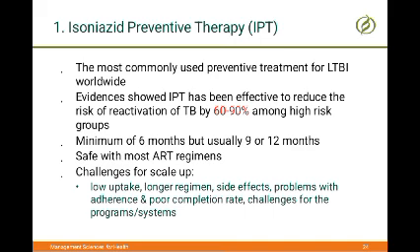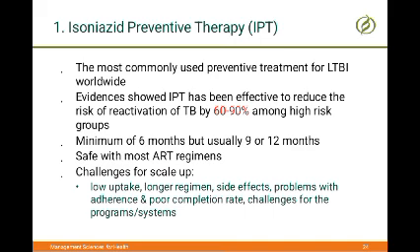Minimum of 6 months, but usually 9 or 12 months. Safe with most ART regimens. Challenges for scale-up: low uptake, longer regimen, side effects, problems with adherence and poor completion rate.